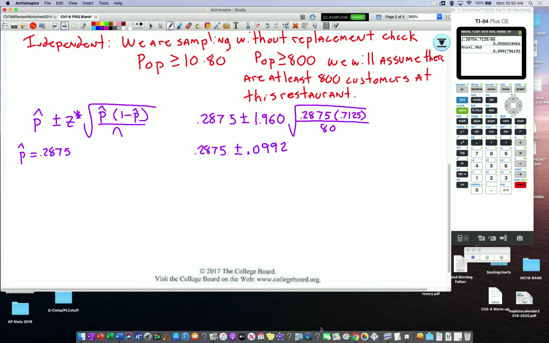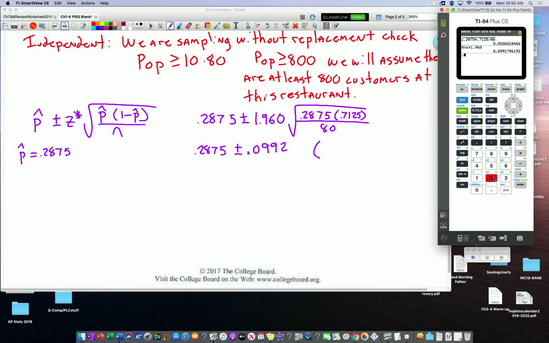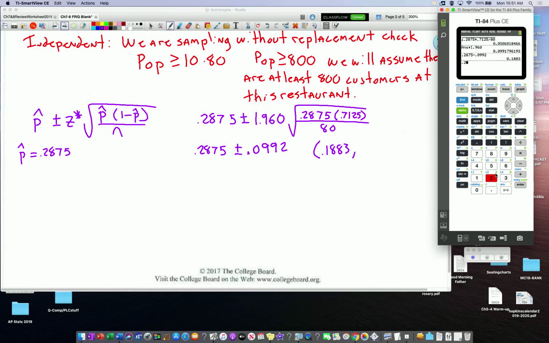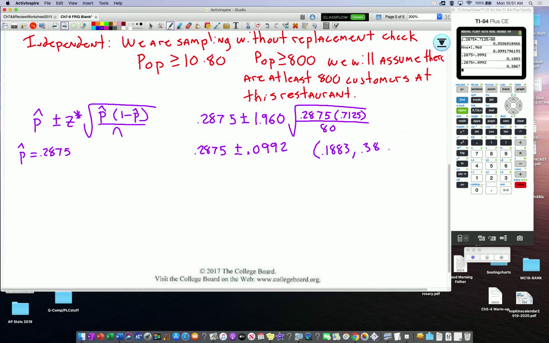Subtracting, 0.2875 minus 0.0992, my lower bound is 0.1883. My upper bound, 0.2875 plus 0.0992, is 0.3867.